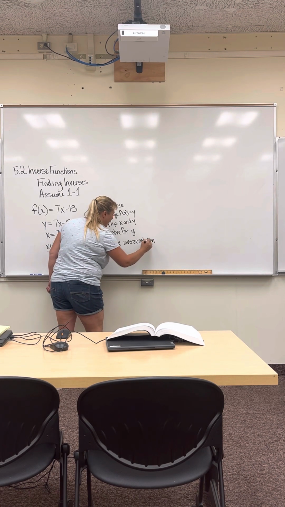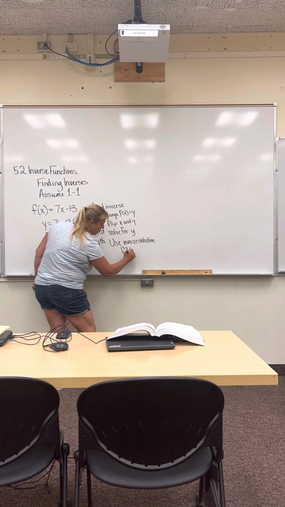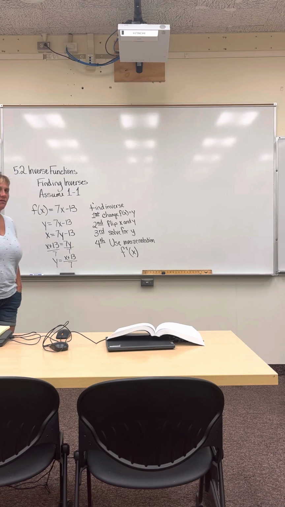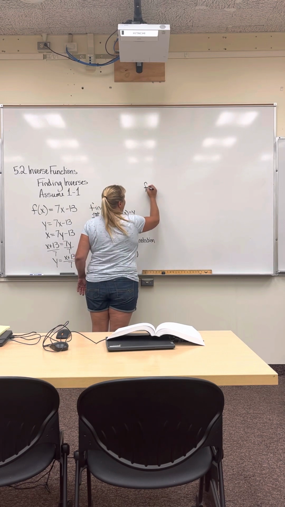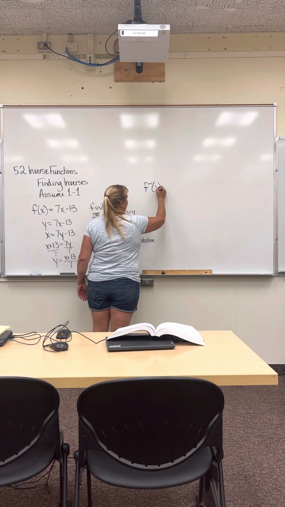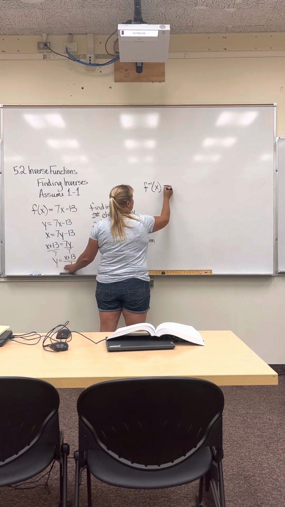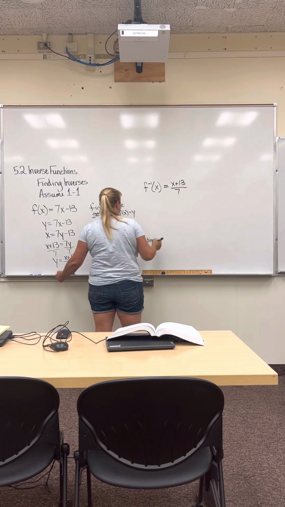And inverse notation is f to the -1 of x. I know it seems kind of weird, f to the -1, but when we see that -1, that tells us inverse. So now I can say f inverse of x, that's how that's said, f inverse of x is x plus 13 over 7.